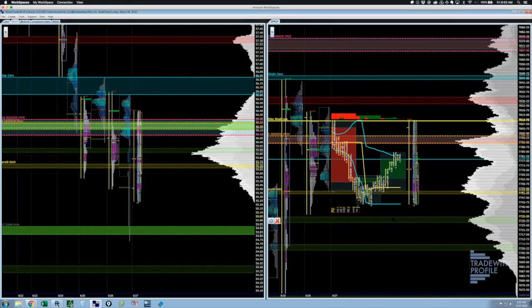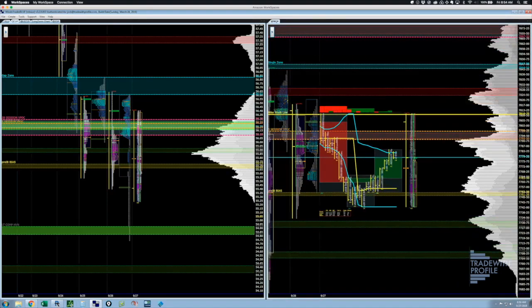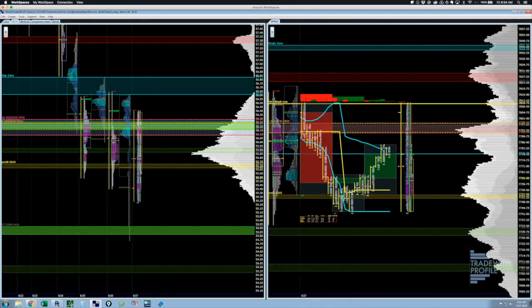All right, so you can't see it on this chart, but that 85 is actually the VWAP for the week, 85.50. Let's see if they can roll over here. Come on now. Give me some sellers.